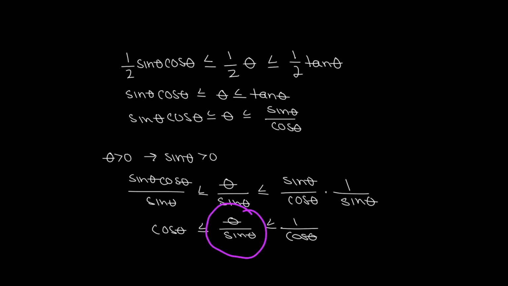This theta over sine theta in the middle is the reciprocal of the function that I'm interested in. And in fact, if this inequality is true, cosine theta less than or equal to theta over sine theta less than or equal to 1 over cosine theta, because everything is positive in this inequality, I can just flip the inequalities and say that the relationship between the reciprocals of these functions has to be 1 over cosine theta bigger than or equal to sine theta over theta bigger than or equal to cosine theta.